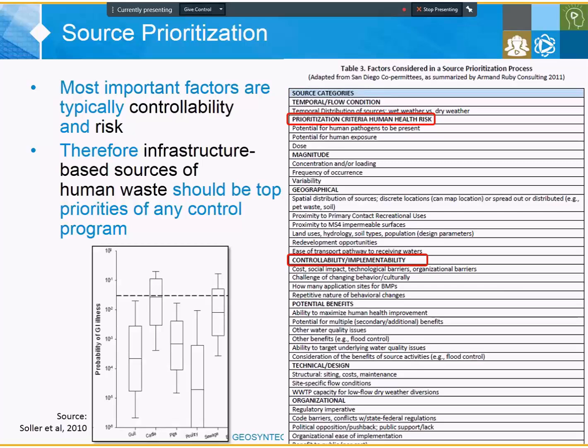But compared to gulls and, I'm assuming, domestic pets and other wildlife sources, the pathogen content of human sewage is much greater. So this is something that we want to prioritize in urban infrastructure to control. Infrastructure-based sources of human waste should be a top priority of any bacteria control program.